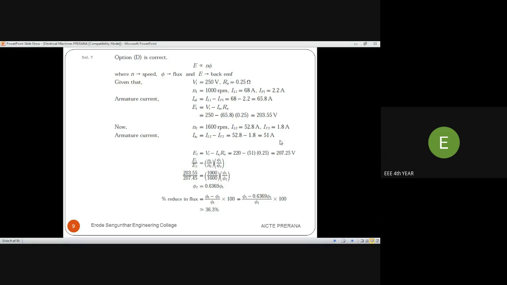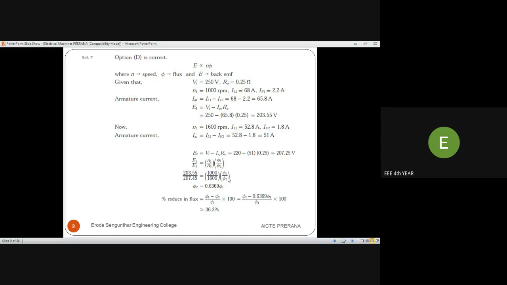We can get the armature current 51 ampere. Then we find the back EMF E2 value. So V minus Ia2 into Ra. This is the basic formula in the DC shunt motor: Eb equal to V minus Ia into Ra. You can substitute these parameters and get 207.25 volt.